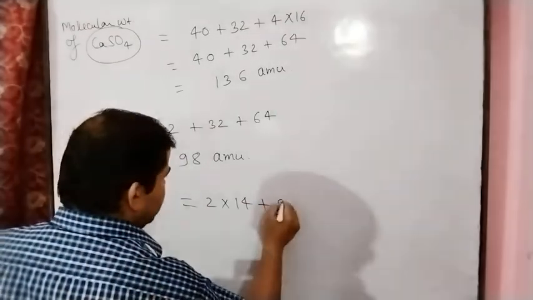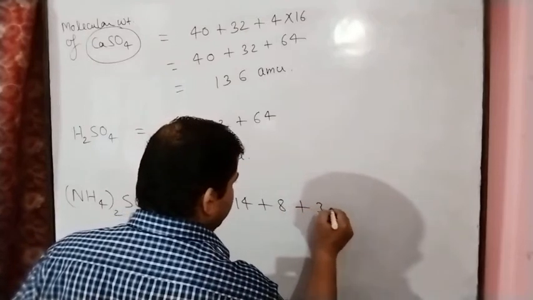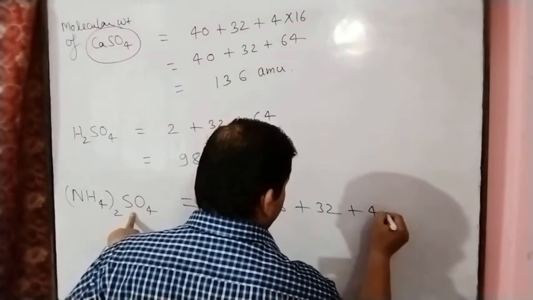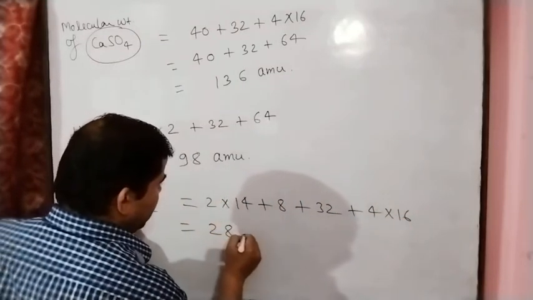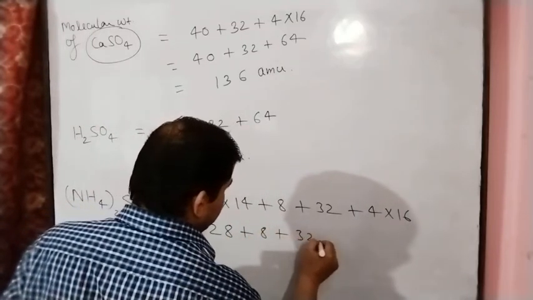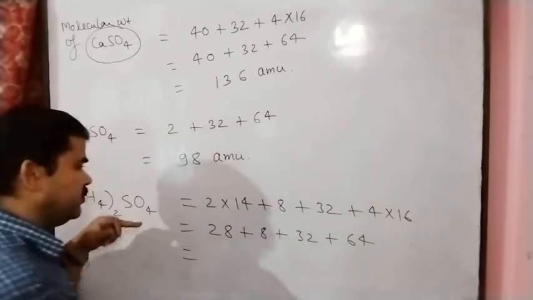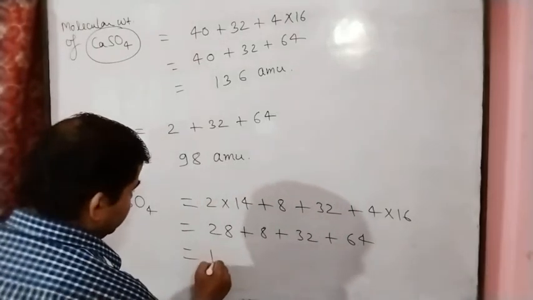Then sulfur, only 1 atom, means 32, and oxygen, 4 into 16. So we have 28 plus 8 plus 32 plus 64. Ammonium sulfate we will get 132.